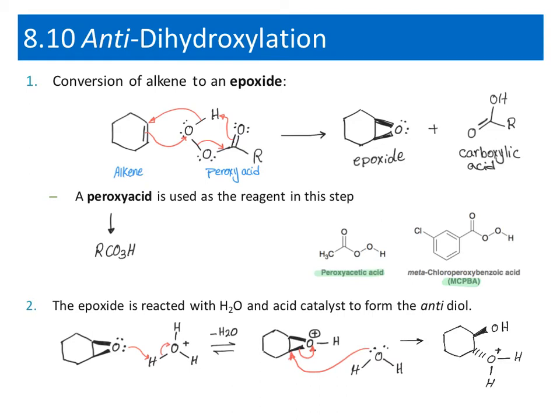Okay. Now, to form the product, another molecule of water will act as a base and take the proton from this intermediate. So it's a proton transfer step to form the final product.